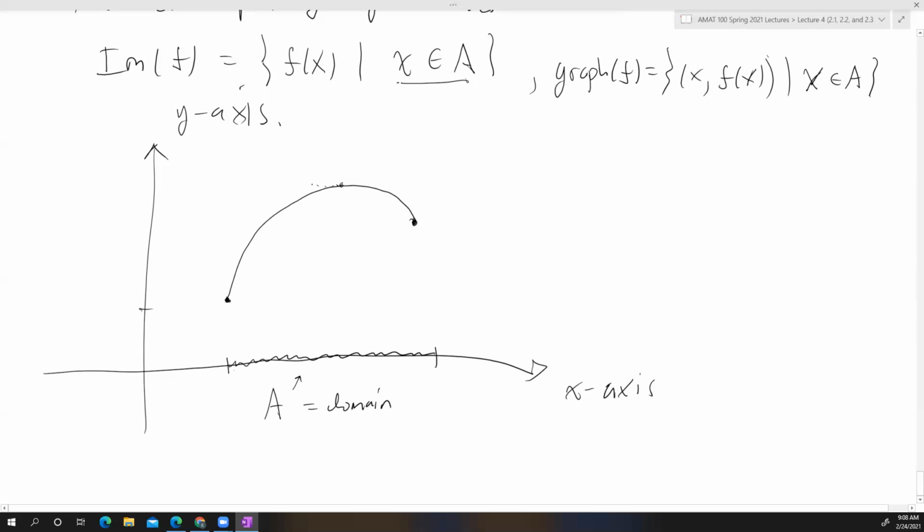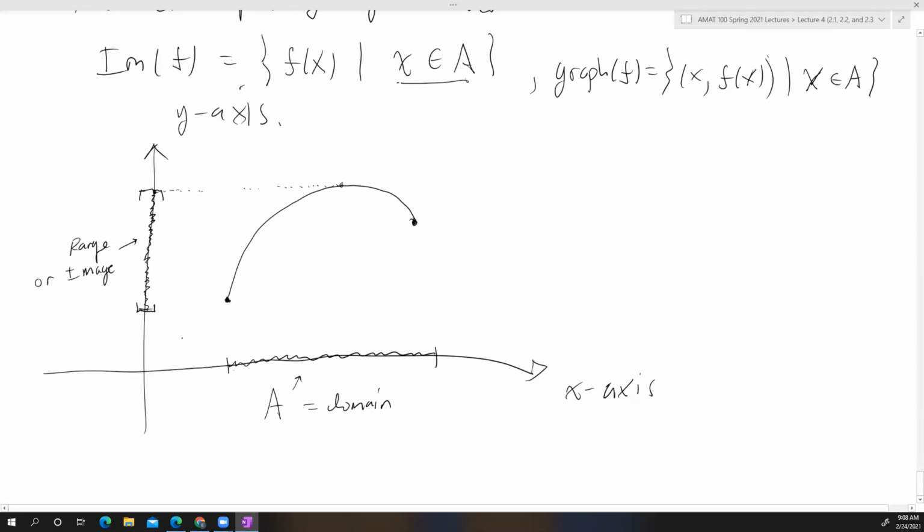Maybe the max is right there, which is a concept that will come up later on, the maximum of a function. So the range of this function, the extent of it, is this set right here. So this is the range, or image, as I call it. Makes sense.